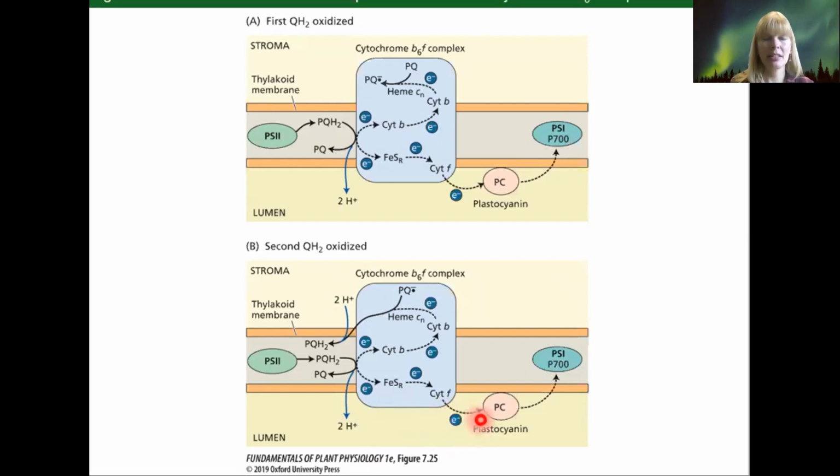So plastocyanin is kind of hugged up to the cytochrome B6F complex, gets that electron, and then its job is to be a mobile carrier. The way they've drawn it here, it's associated with the thylakoid membrane, but on the lumen side, and kind of moves along that portion of the membrane until it can reach photosystem 1, which again is another huge transmembrane complex, way too big to be super mobile.